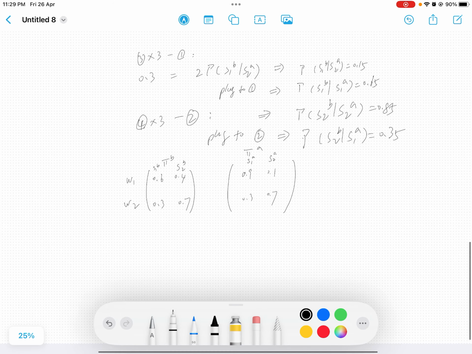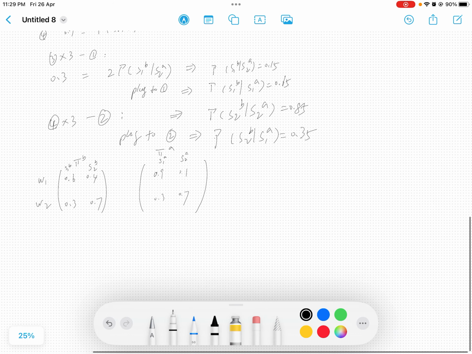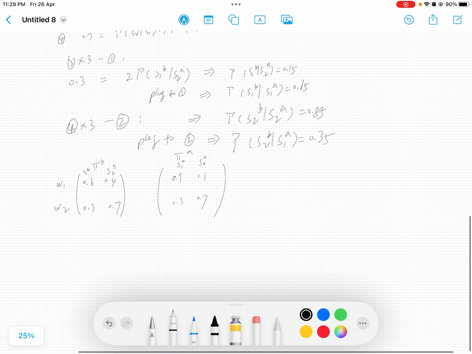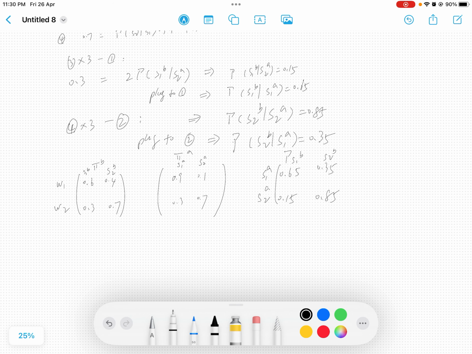Okay, so those are just the examples. And our gamma, right, we have already solved those. Gamma is 0.65, 0.35, 0.15, and 0.85. So this is S1b, S2b, S1a, S2a, right?